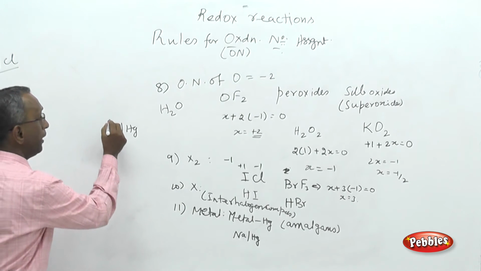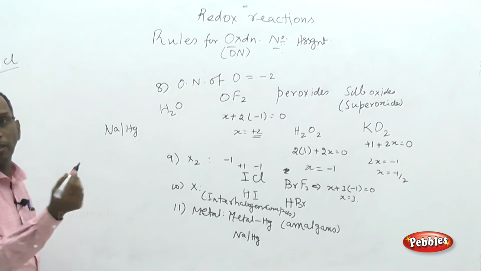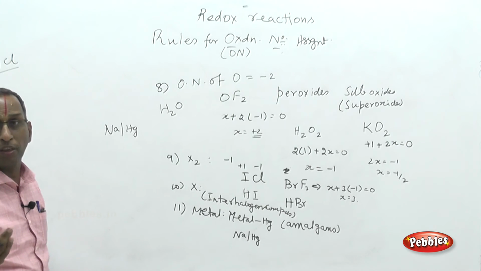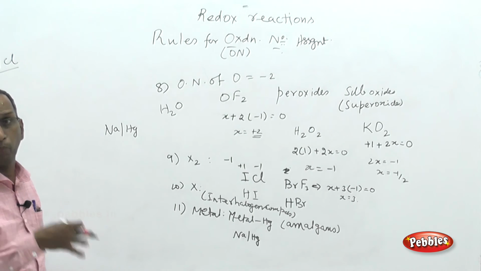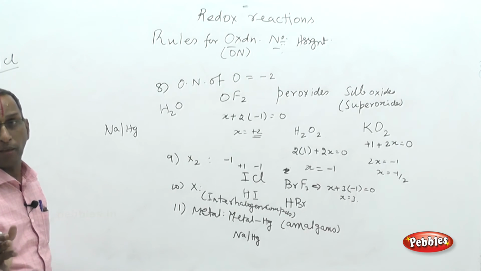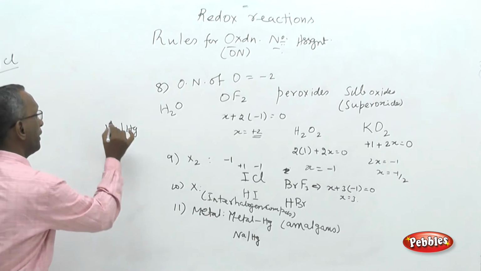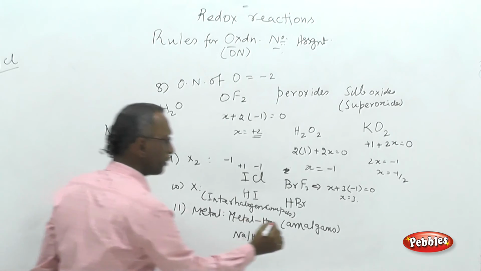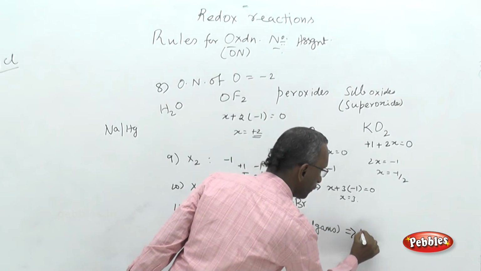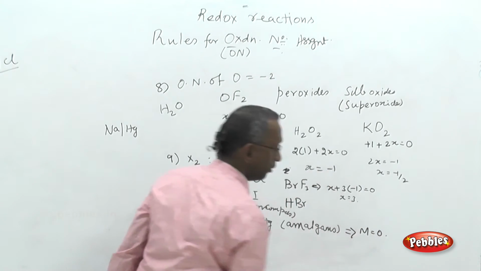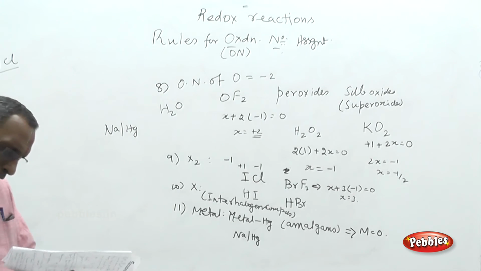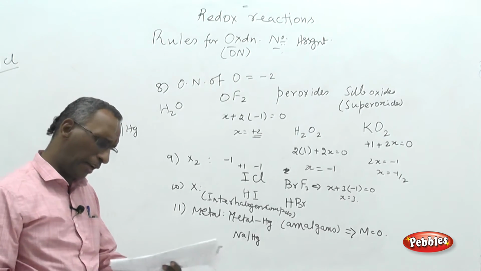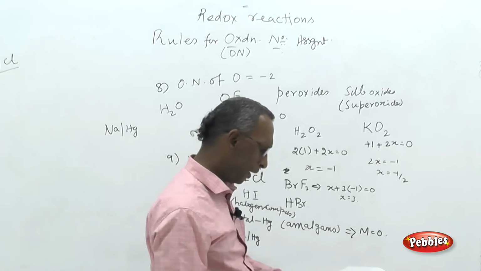So you cannot assign positive oxidation states to both, because for metals we have seen positive oxidation states, and that would lead to a chaotic result. So only in amalgams the oxidation state of the metal is 0, as in tin amalgam, zinc amalgam, etc.